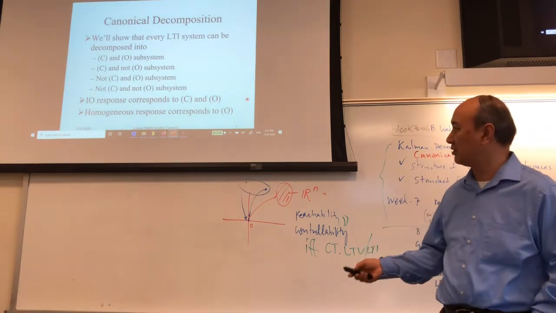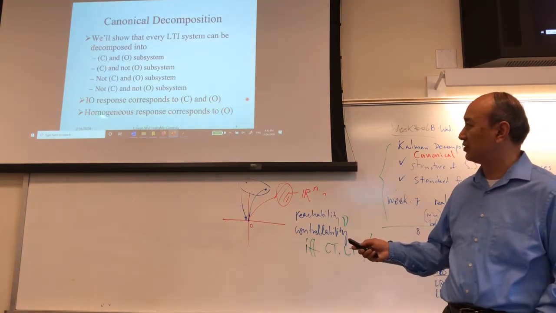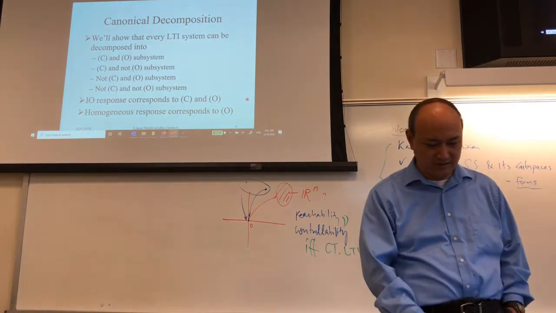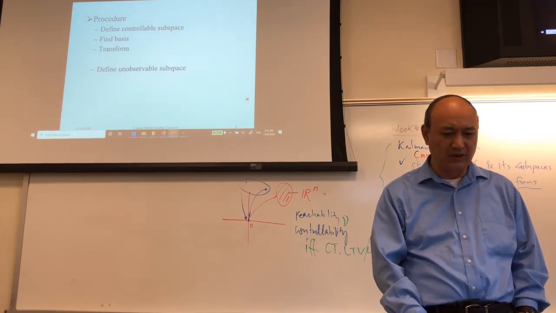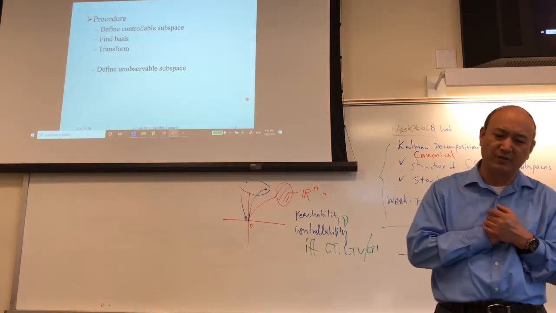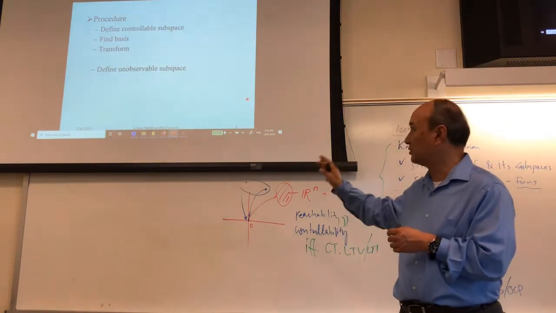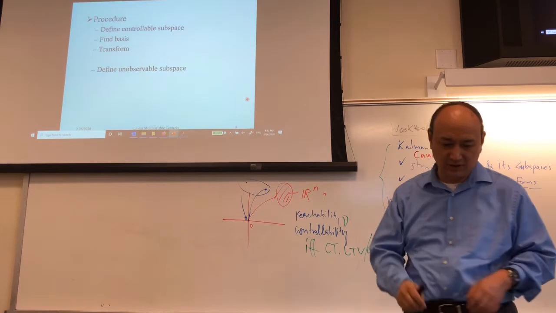That is also called the zero-input response, when the input is zero. So basically we need to understand the procedures. In MATLAB we have codes that can do the job.